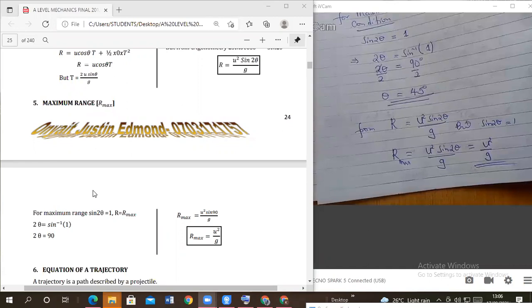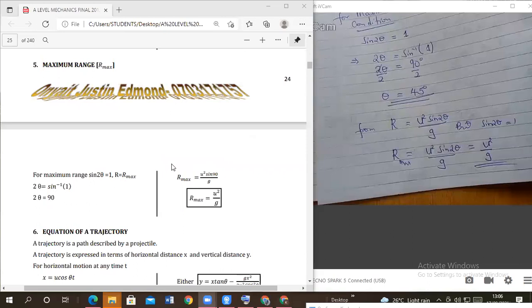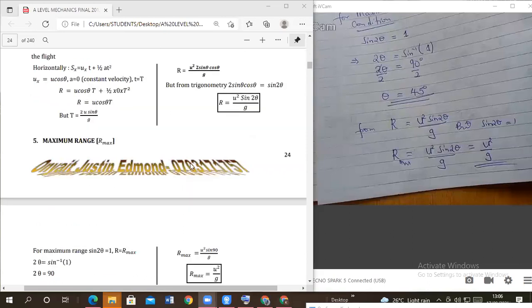You just say the maximum range is attained when the angle of projection is 45 degrees. Very good. That is maximum range.